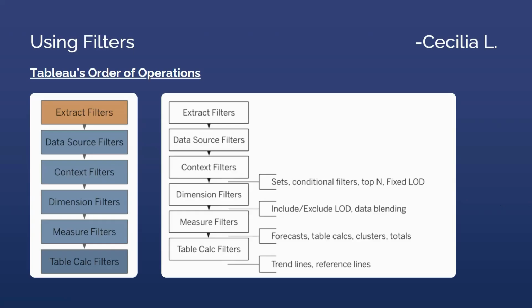There is an order of operations, as you can see on the right side of the slide. There are some things that interact with those filters differently, but how we use filters is kind of consistent across many of these types and the process to get there.